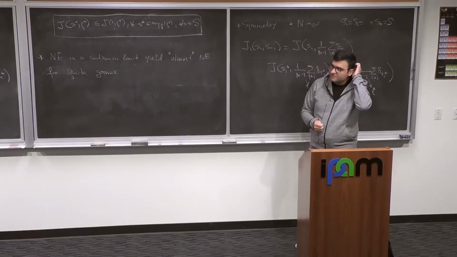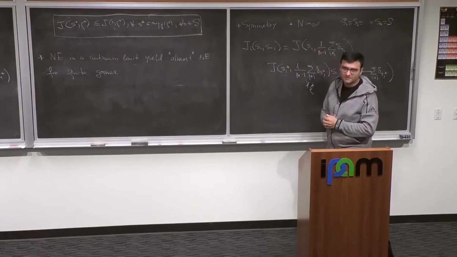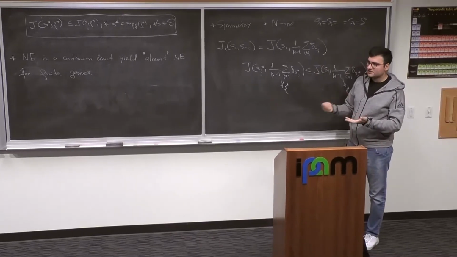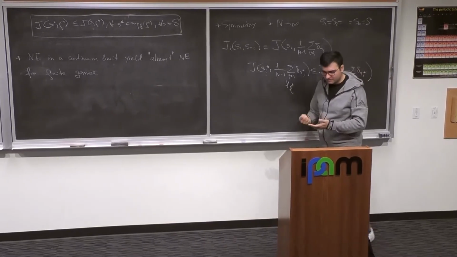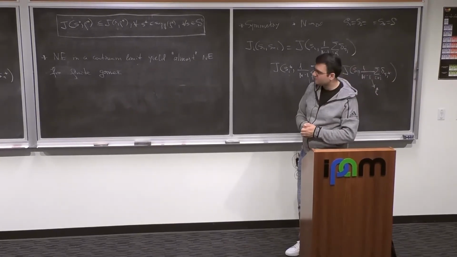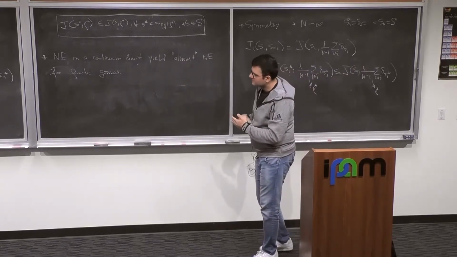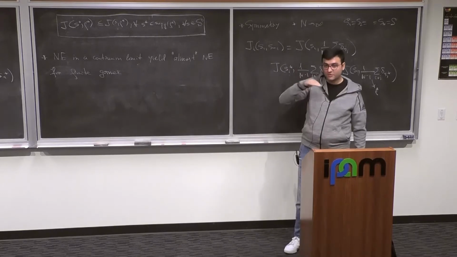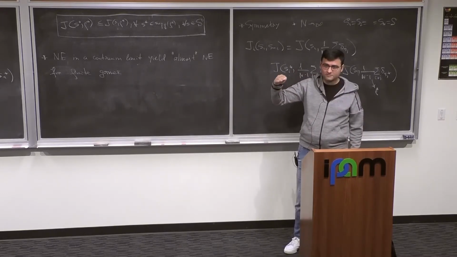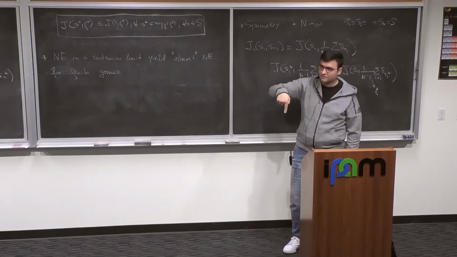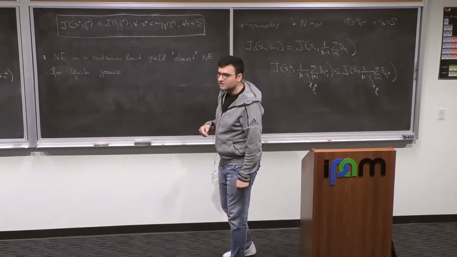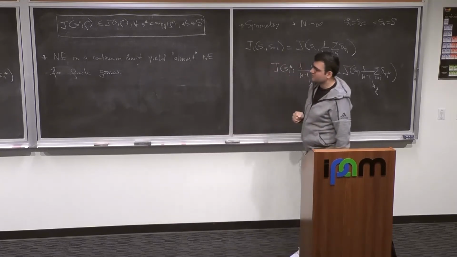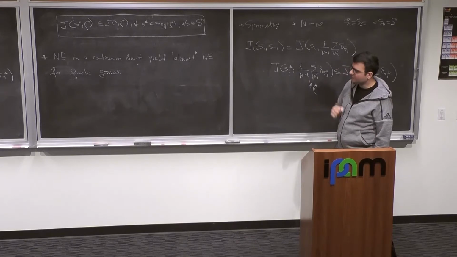The limit will be 0 as the number of agents grows to infinity. So this is the reason why we make this comment that when the number of players is large, it's somewhat easier because we can approximate it with the continuum problem, solve the continuum problem, and that will give us almost Nash equilibria for a finite game.